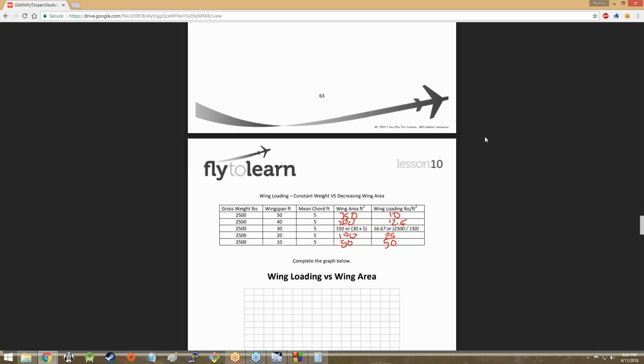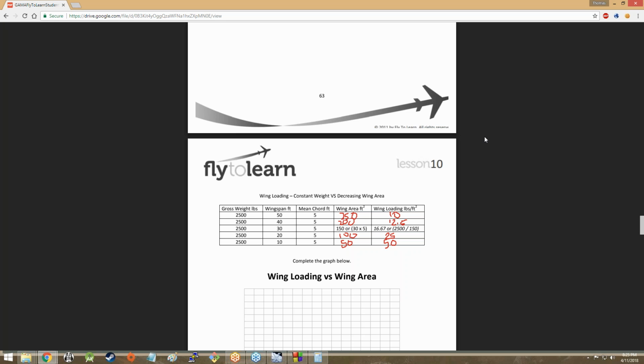So again, to put it into the terms that I was speaking of before, with a wingspan of 50 and a mean chord of 5, that gives us a wing area of 250 feet squared, which means that each square foot of wing is responsible for lifting 10 pounds of plane, which means that the work on the wings is easier.